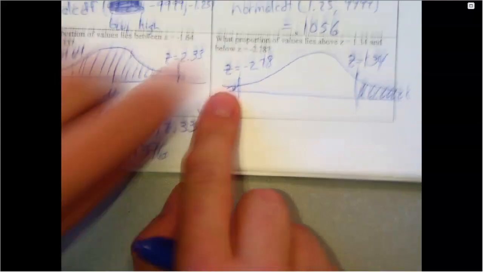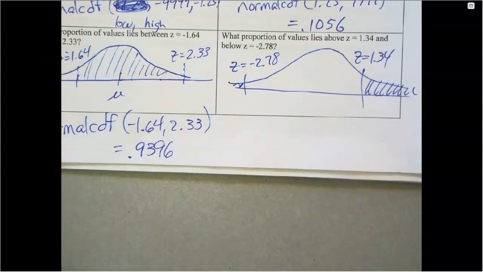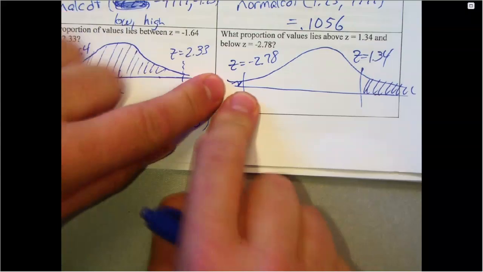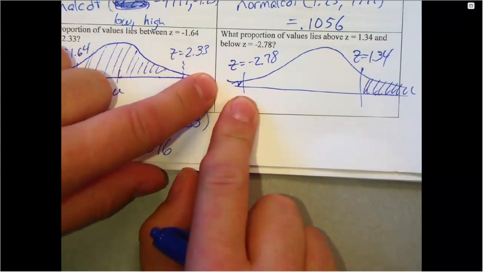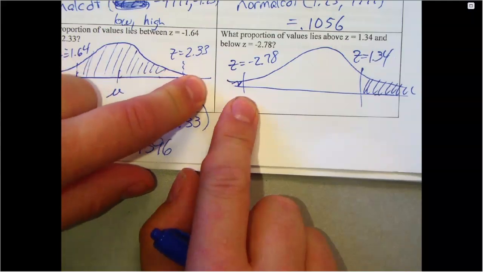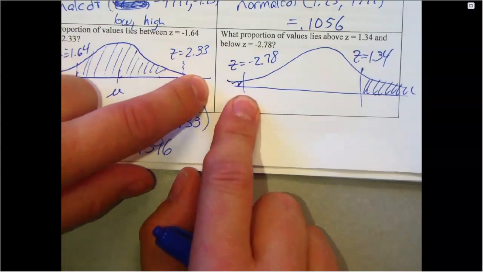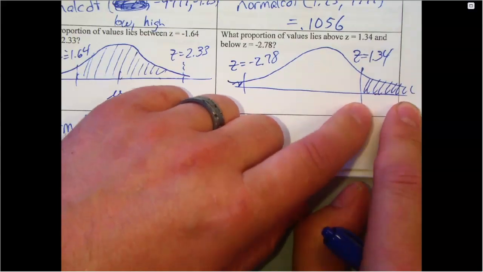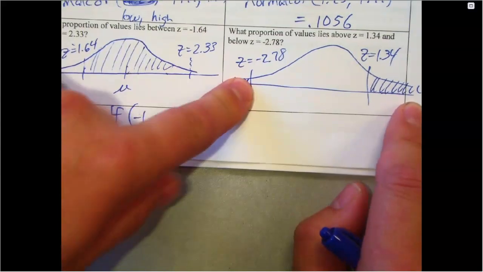So I can find this one. I just want you to know there's two ways to do it. One is I can find this one. What would my left and right be for this one? Negative 999 to negative 2.78. And I can do this one by going 1.34 to 9999 and then just add them up.